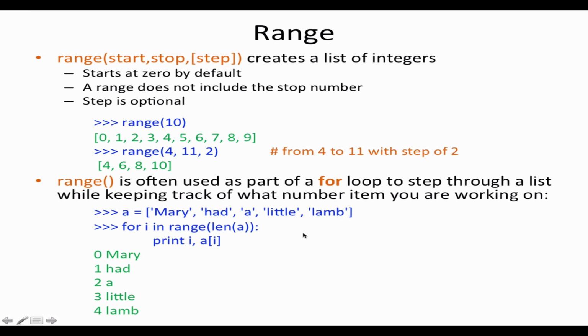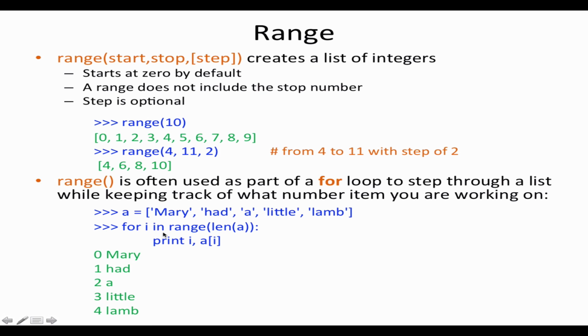It happens. So range works nicely inside of, or as part of, a for loop. I use this construct pretty often, and you'll see it in other people's code, so it's not just me making this up. It's used as a part of a for loop to step through a list while you keep track of what number item in that list you're working on. So you have a list. In this case, it's a list of strings.